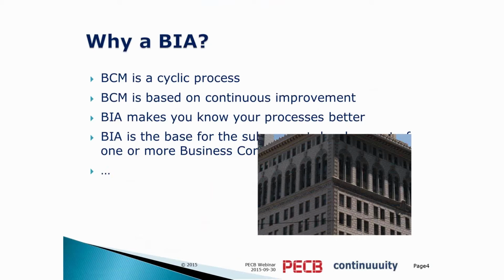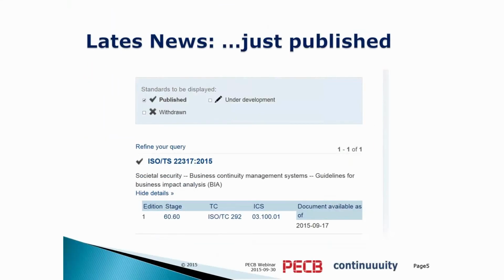So if something happens, and nobody knows actually how these processes really work, and if this knowledge is not distributed in a documented form, then it's not of much worth. And finally, BIA is the base for business continuity or any improvements of a BCM scheme which might already be in operation. So it's really the base thing which gives us a good foundation for all the rest.